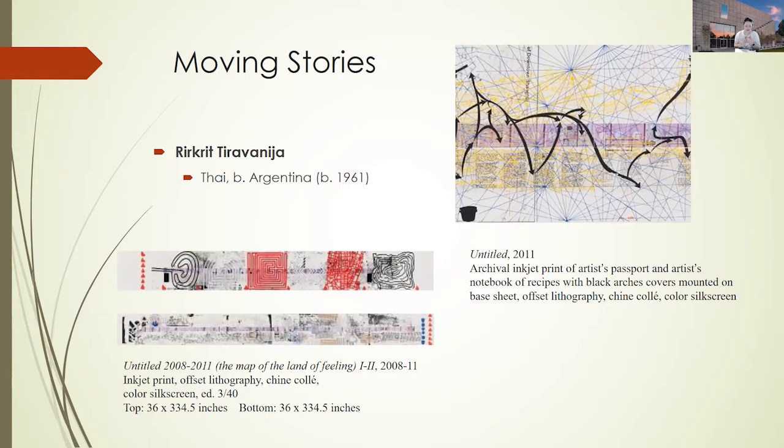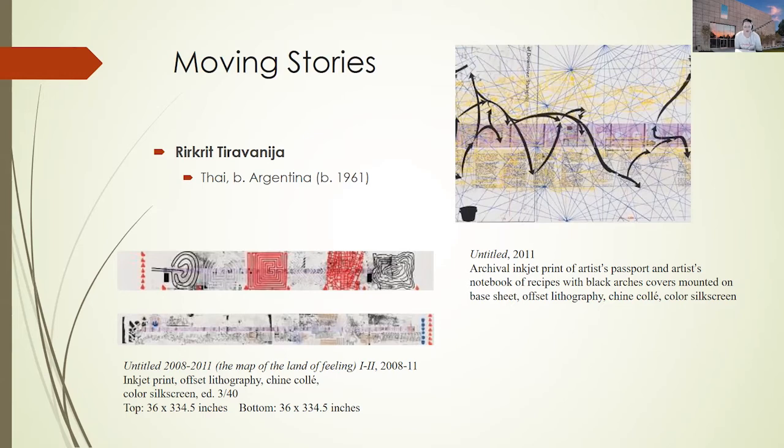I think one of the concepts was that they were separate. But they have the same name, Map of the Land of Feeling, number 1 and number 2. And they are inkjet print, offset lithography, chine-collé, which is layering paper within the printing process, and color silk screens.